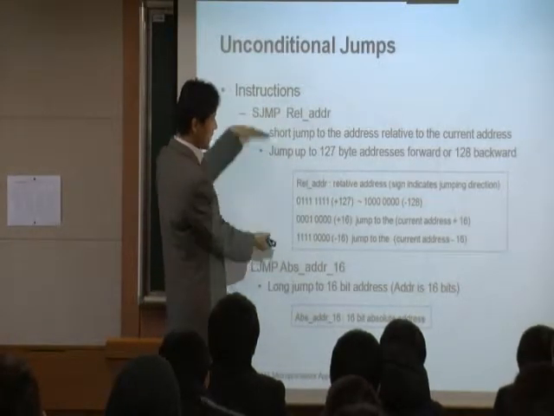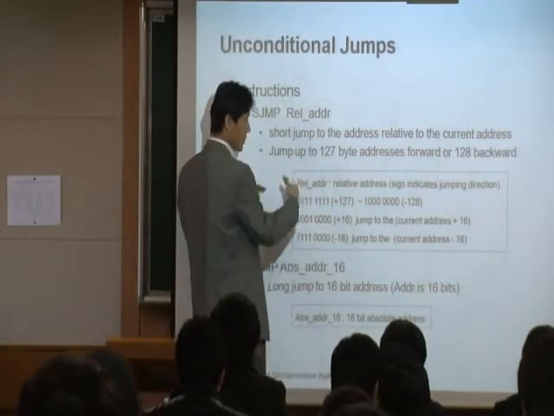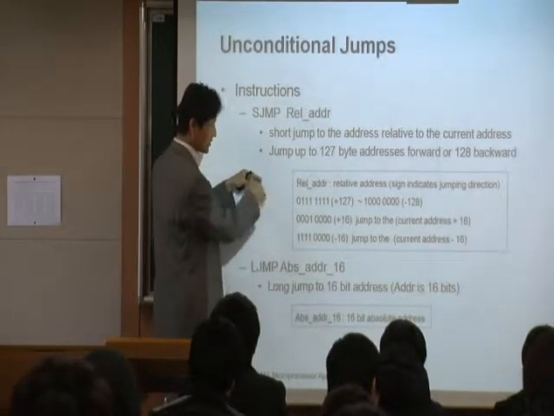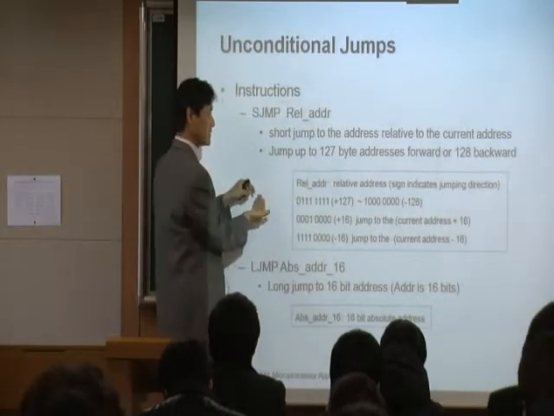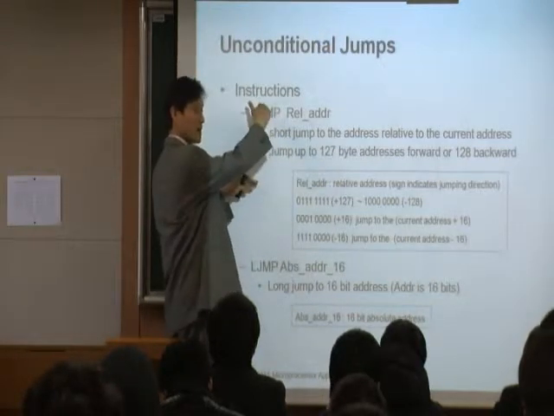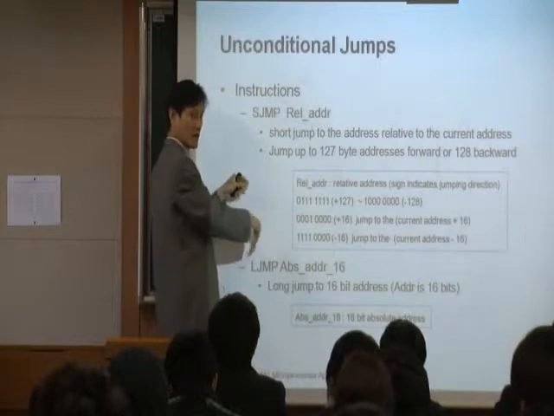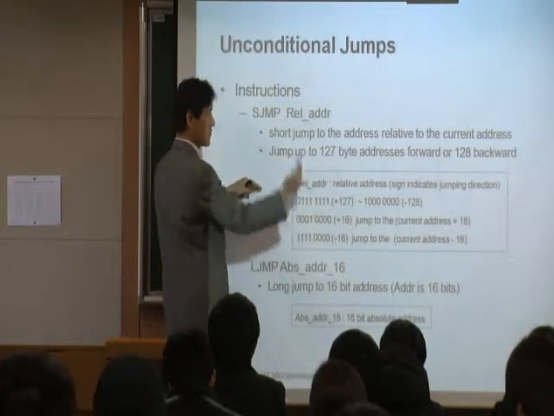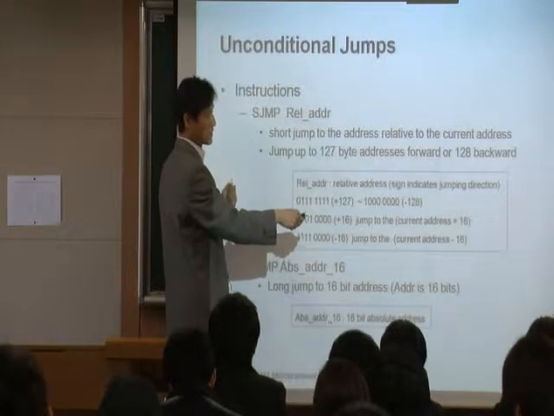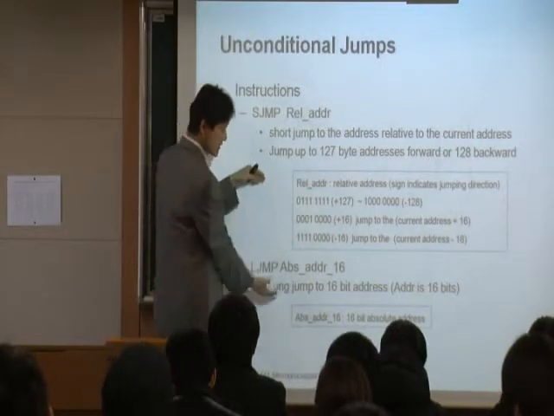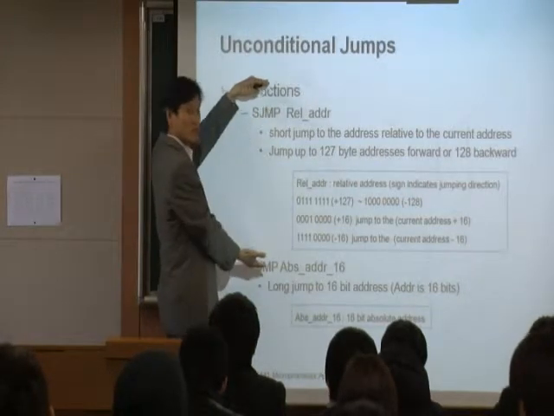The maximum jump you can have in the forward direction is 127 bytes. And sometimes you can jump back. Maximum is 128. So it's like plus 127 or minus 128. That's the range of your jump.